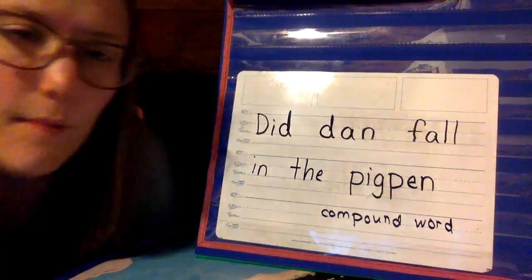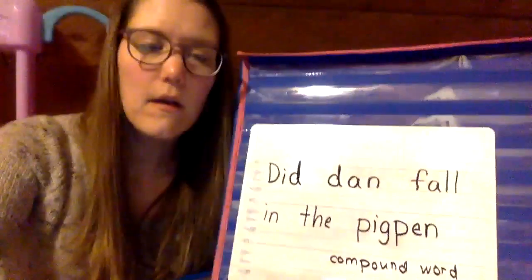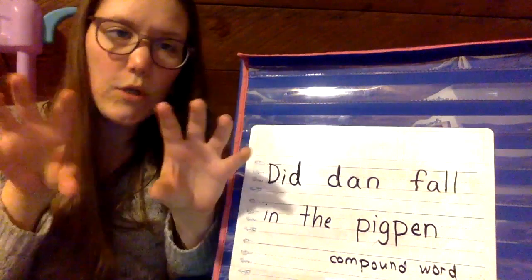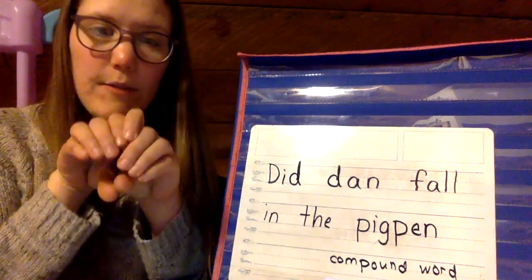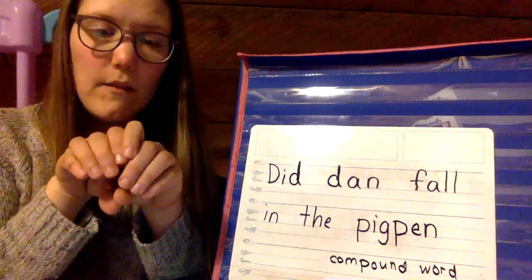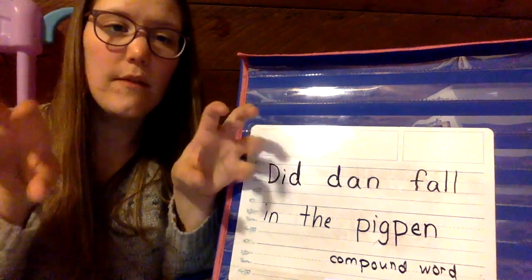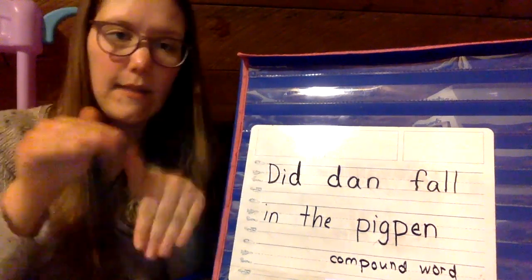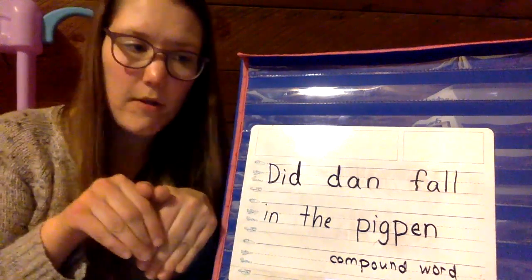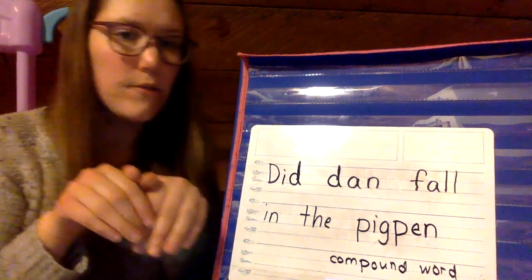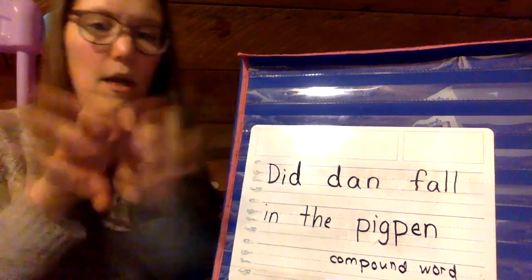Now, a compound word is when you take two words and put them together to make a bigger word. It's a little different than a contraction. A contraction is two words that you combine to make into one word, but some of the letters get dropped and you use the apostrophe. Compound word doesn't have an apostrophe. A compound word is two words put together.